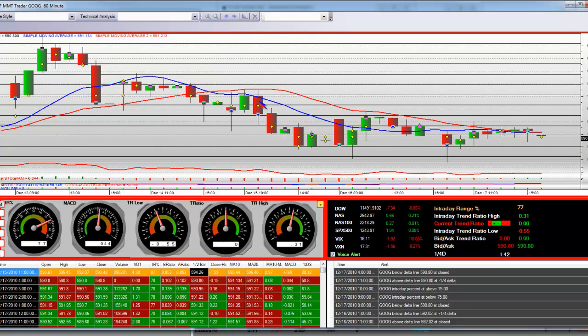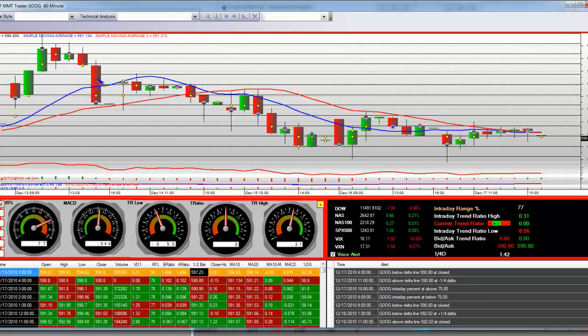This is a short-term resistance at 594.26. 595.93. 597.23. Key factor, 594.26. Key factor again, 595.93.